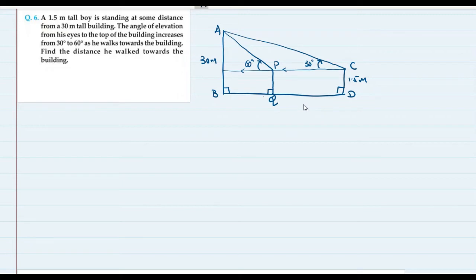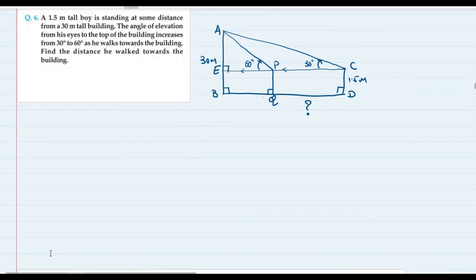So we have to find the distance he walked towards the building, that is QD. We have to find QD. Very interesting question. In normal circumstances, you will not get the answer of this kind of question, but here you will, with the help of trigonometry and a little bit of geometry. I will name this point E. So I will consider two right angle triangles.